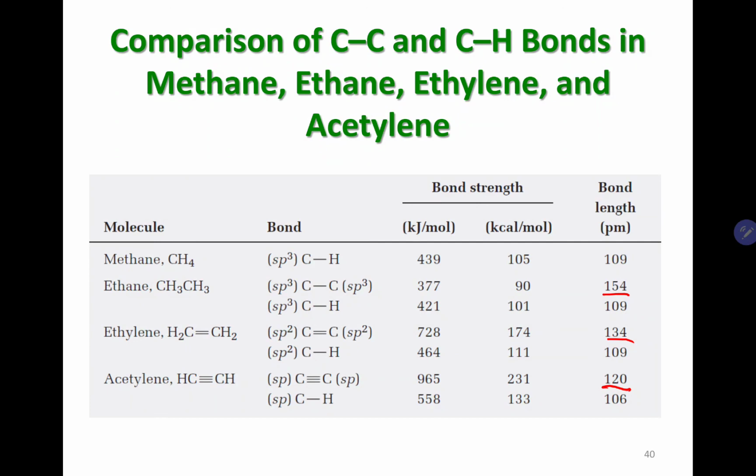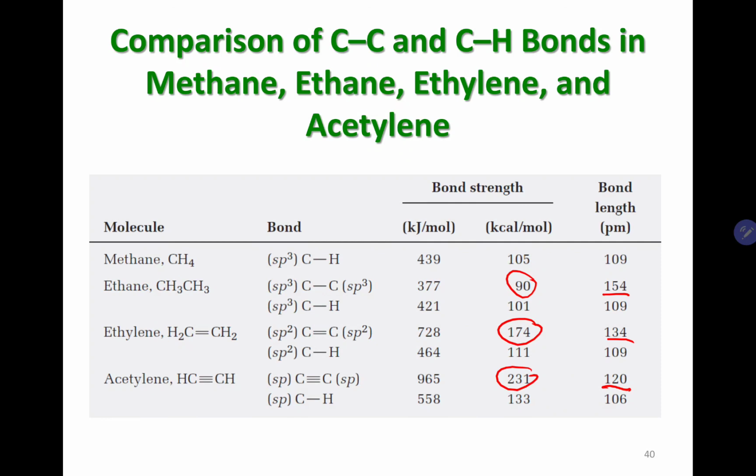And if you take a look at the bond strength, let's use calories. These are the calories that you will need. So triple bonds are the strongest, then double bonds, and then single bonds. Single bonds are the weakest, but these numbers are misleading.